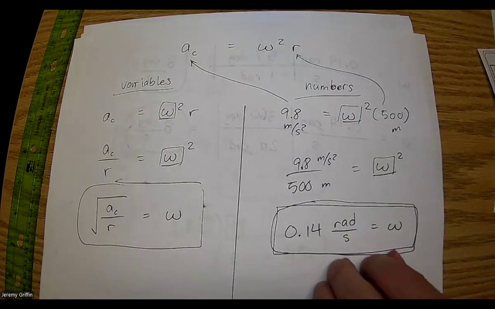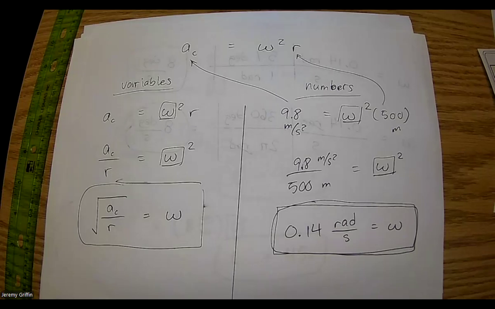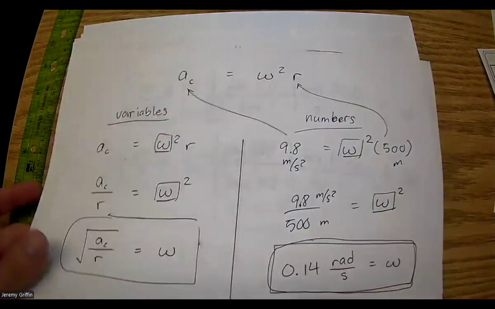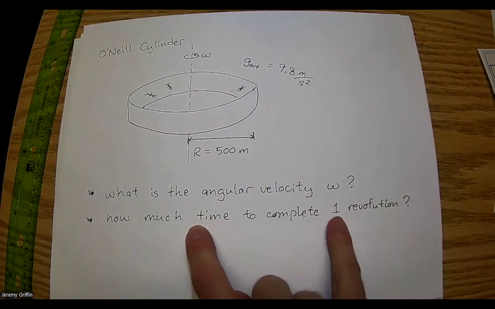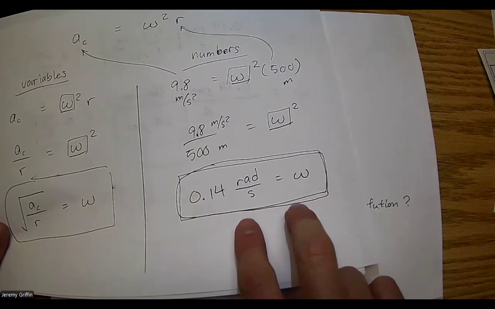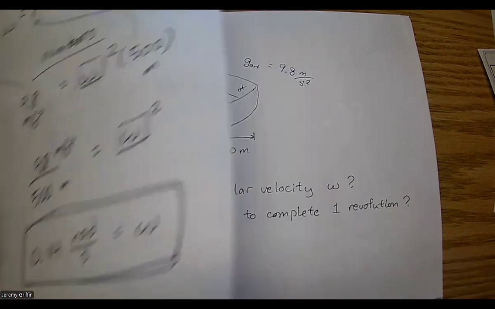If it's rotating this fast, how much time does it take to complete 1 revolution? I'll give you a minute to solve that. That's this question right here: how much time for one revolution? Everybody knows how fast it's spinning? 0.14 radians per second.